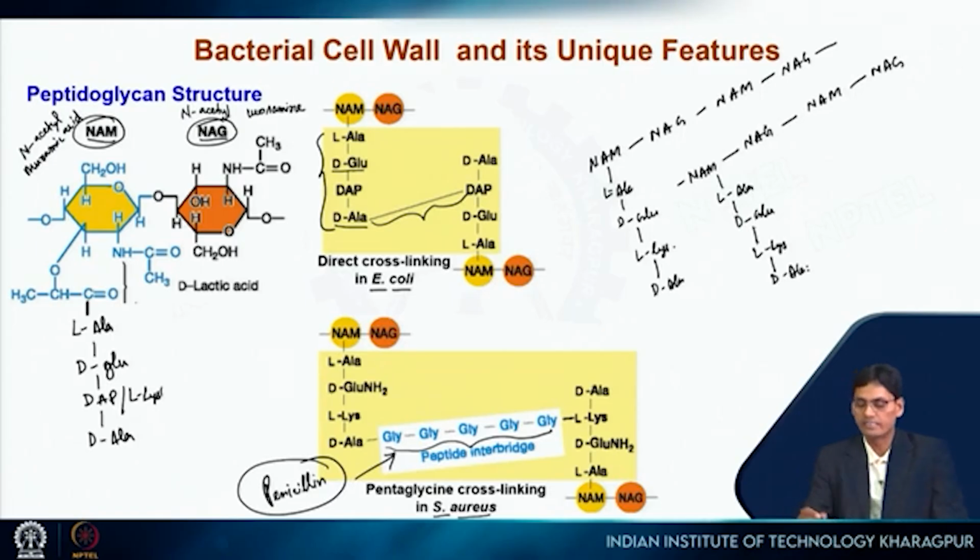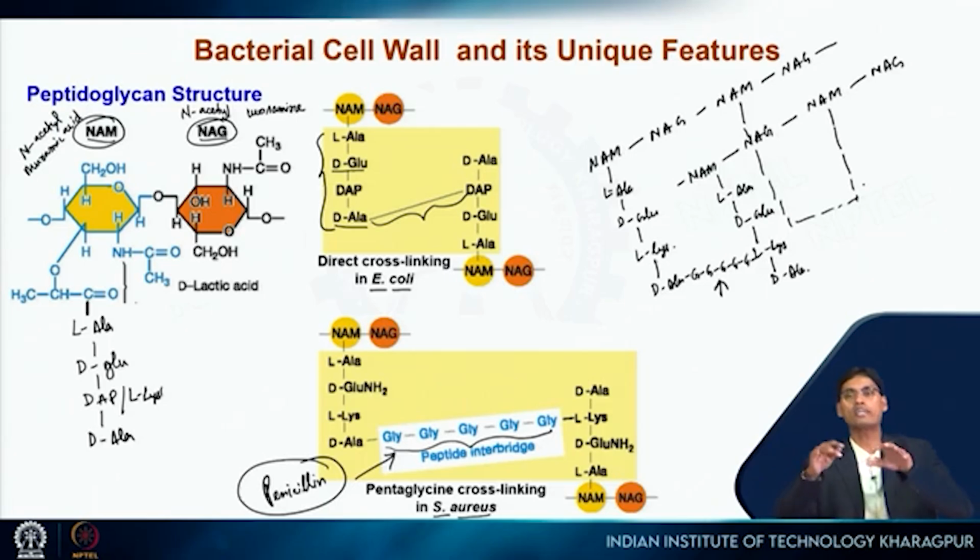Now this D-alanine is attached to this L-lysine by pentaglycine in the case of Staphylococcus. This is the cross-linking. Again, peptides hang from this NAM and from here also, and again there is cross-linking. So this way it makes a strong mesh, and this layer is present in much greater quantity in gram-positive bacteria compared to gram-negative bacteria.